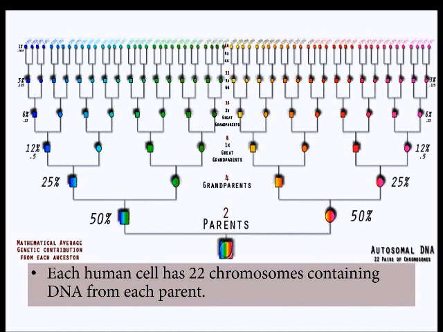The person down at the bottom of the diagram has 1.5% of the DNA from a person in the top row. That's pretty dilute. So you're not going to have a definitive answer the further you go back.